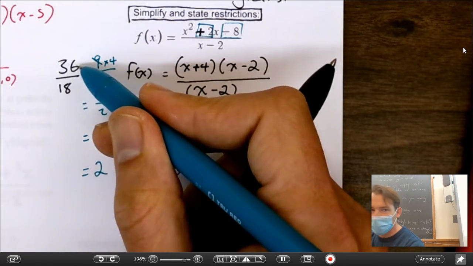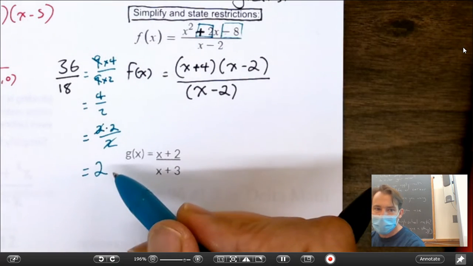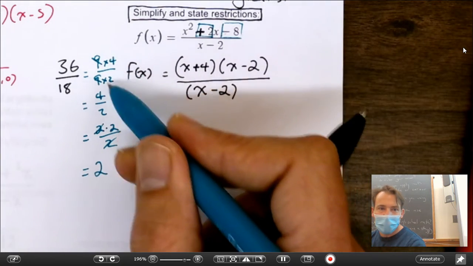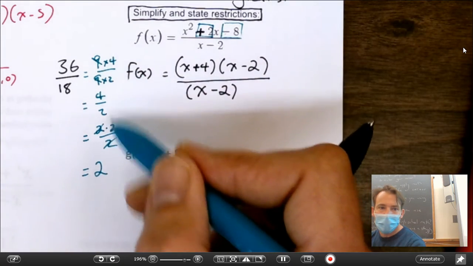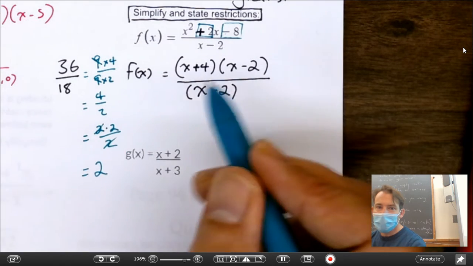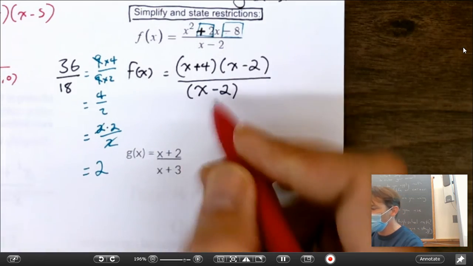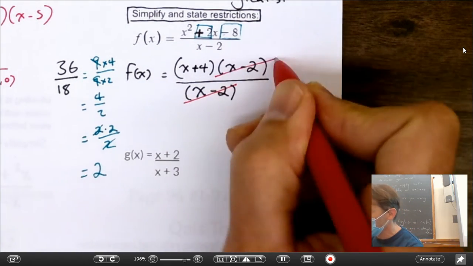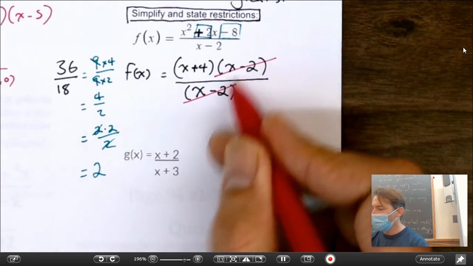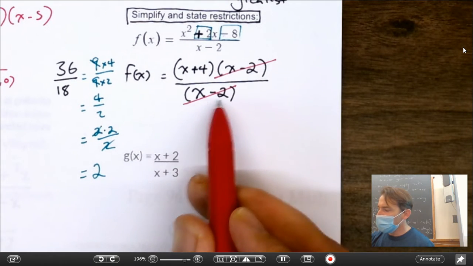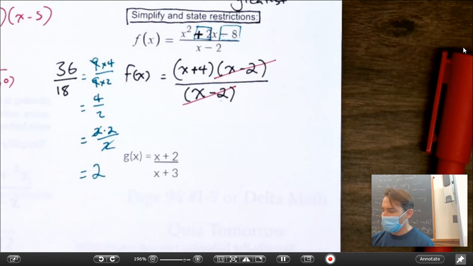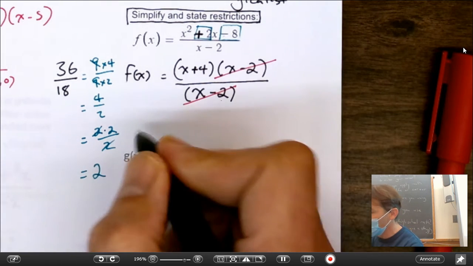And you can check on your calculator. 36 over 18 is indeed 2. And we can cancel out factors when we see them top and bottom. It's the same here, but now the factors that we're allowed to cancel just got more complex. We can cancel out these binomials. However, before we cancel this out, we must remember that there are some limitations on the domain.